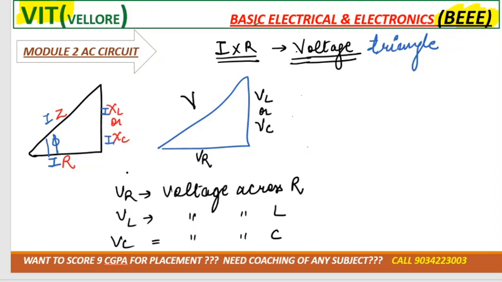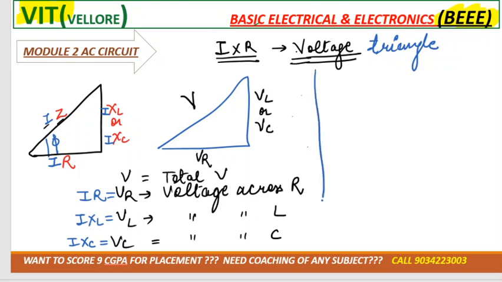Here V is the total voltage, because total current and impedance is the total combination, right? V is the total voltage. Understood? So what we got, the formula: VR is how much? I into R. VL is how much? I into XL. VC is how much? I into XC.